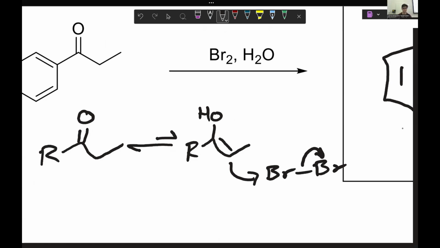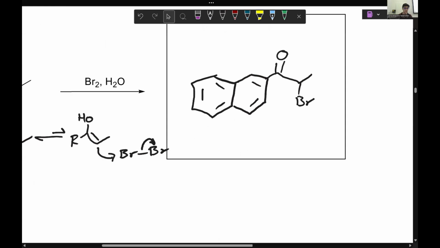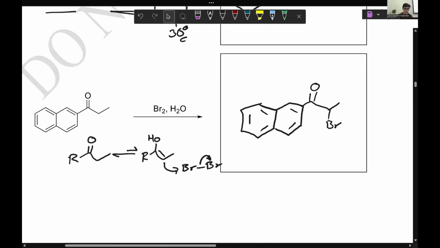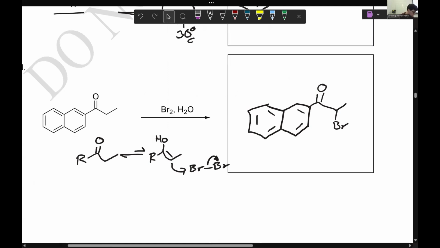And then you do some proton transfers to get this. But that's the reaction that we're looking at, the halogenation of ketones. You just take the halogen that you have and replace an alpha proton with it.